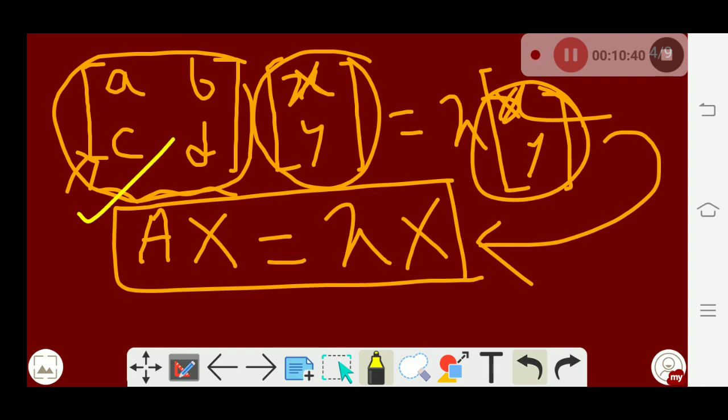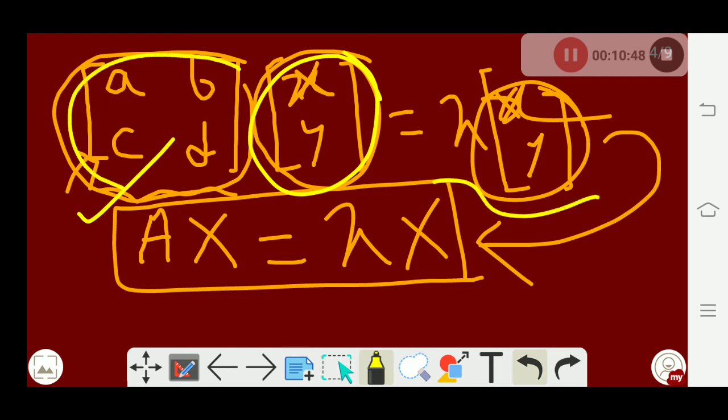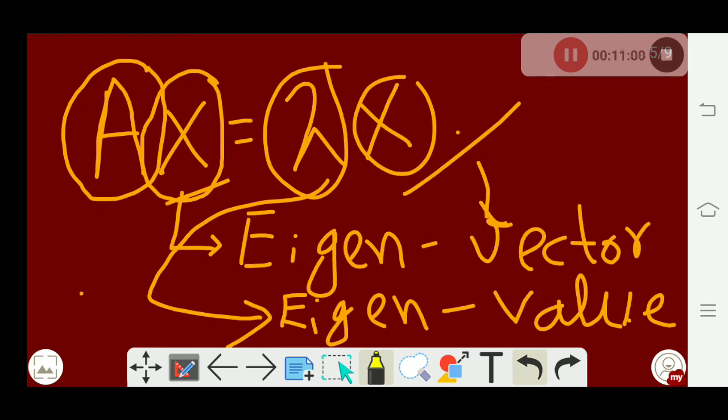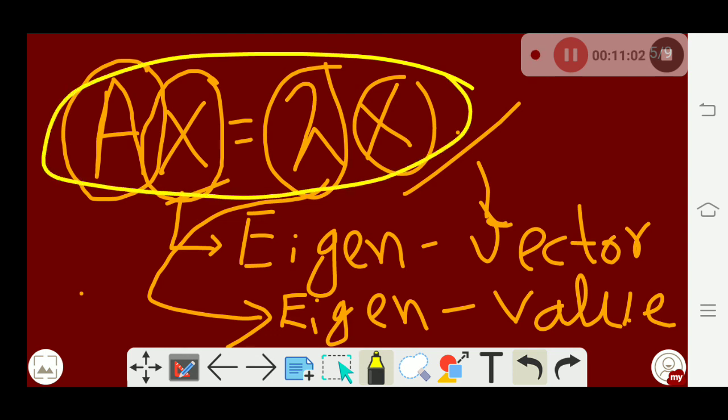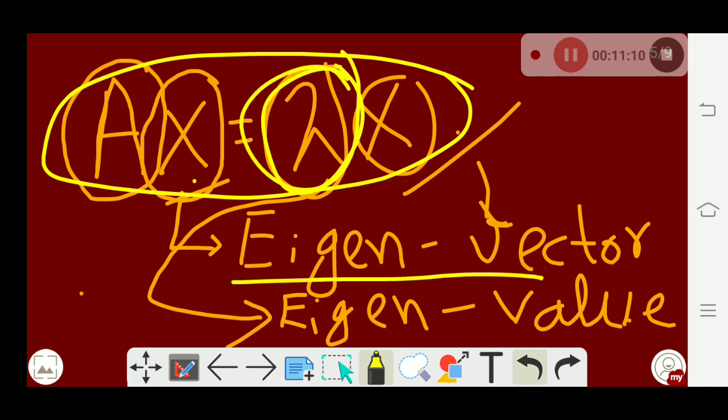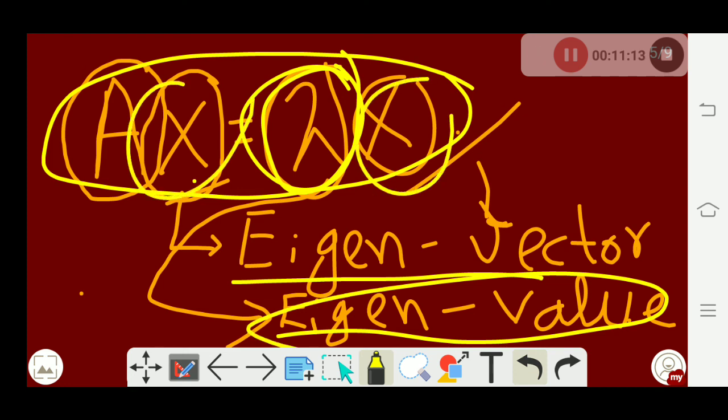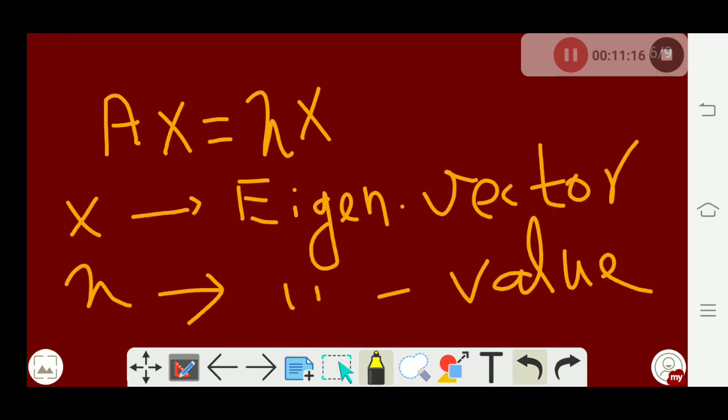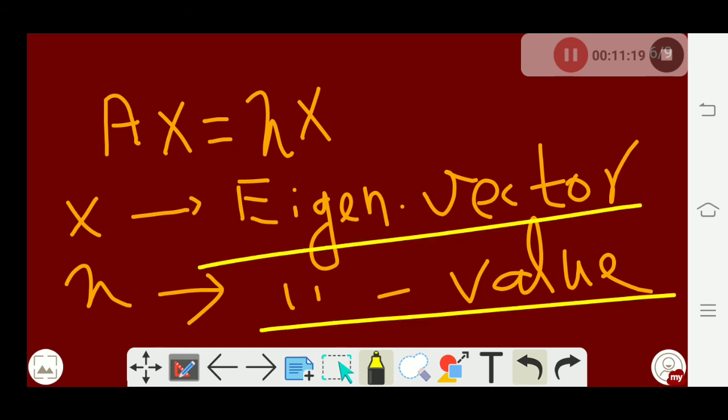We have taken a matrix and also an x, y matrix, and written the equation. We have taken this matrix as A, multiplied with X, and capital X is assigned as the column matrix x, y. We then studied what an eigenvalue and eigenvector are. When A and X are multiplied, we get lambda times X; this lambda value is known as the eigenvalue, and the X values are known as the eigenvector.